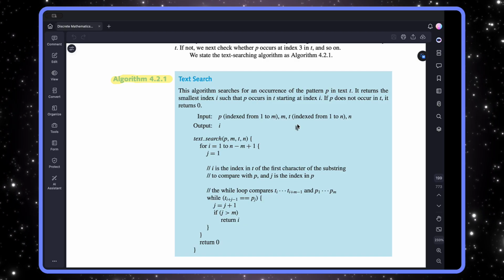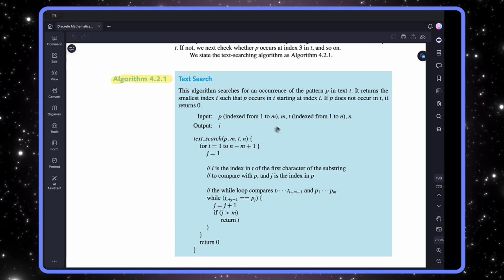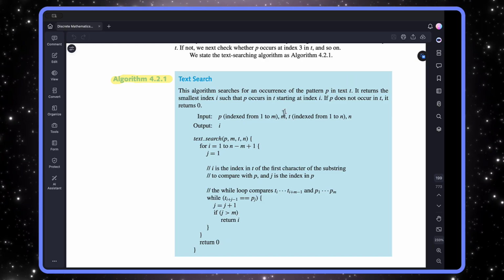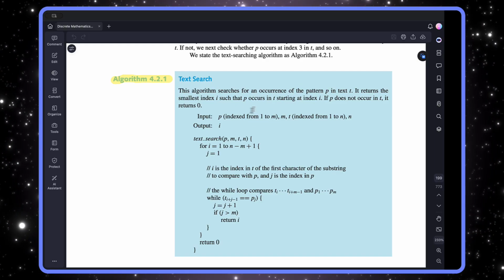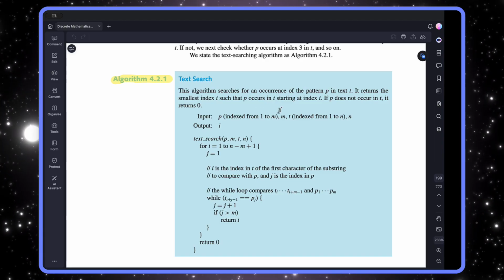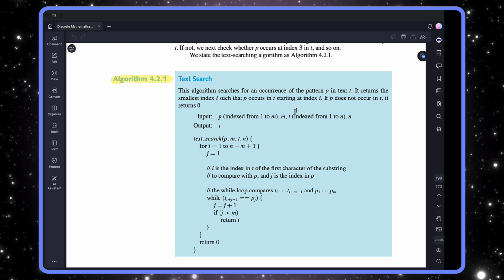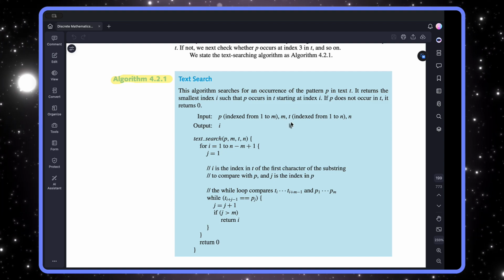So the idea is that you input, so what do we input here? P, which is the word that we're trying to search for, and the text T. P is indexed from 1 to M, so it's a word of length M, and then we have M, which tells the program the length of the word.